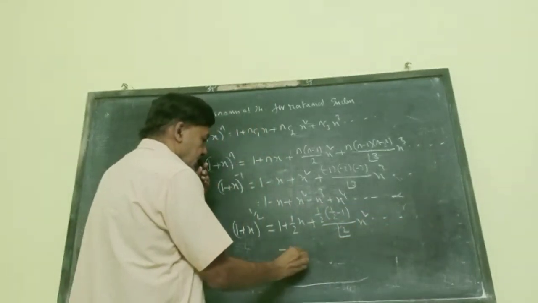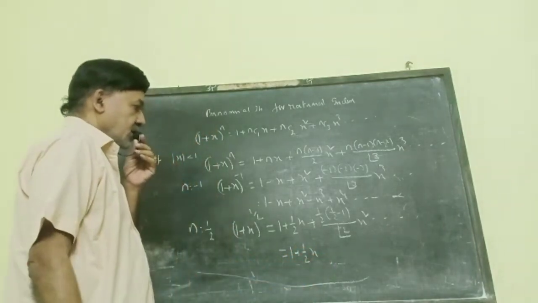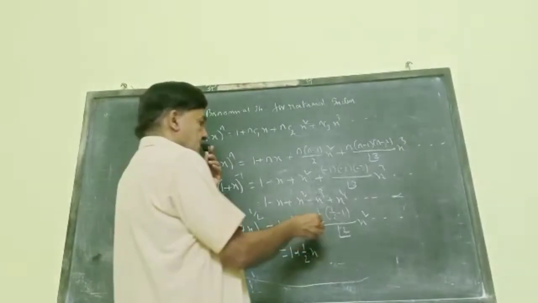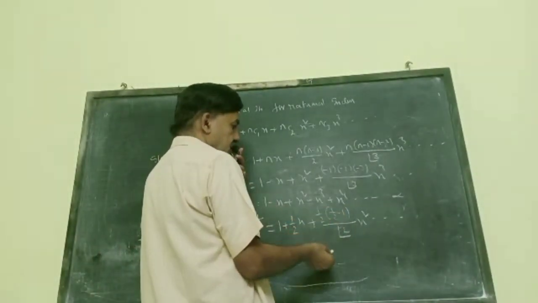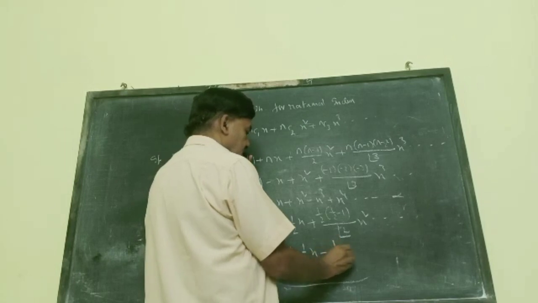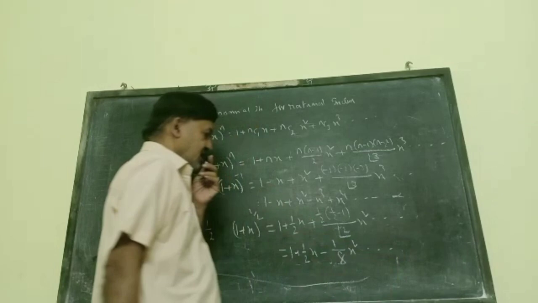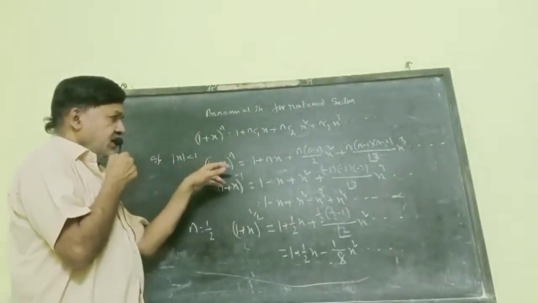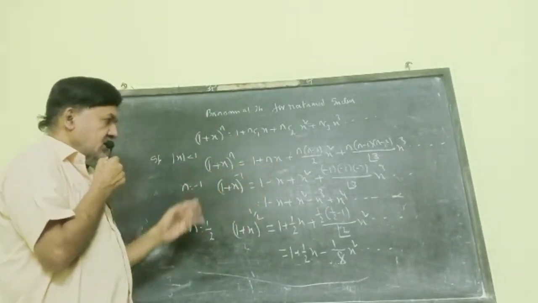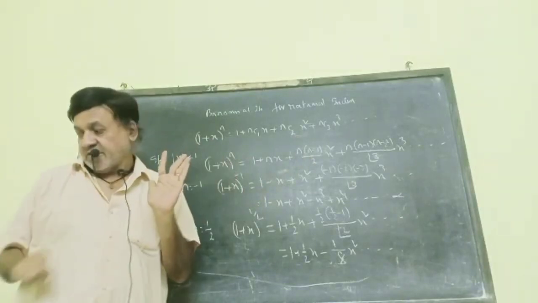So you get 1 + 1/2 x. Right? This is half minus 1, which is minus 1 by 2. So you get minus 1/8 x squared and so on like this. Simply wherever n is there, you put these numbers and just expand this. This is what you are supposed to do.